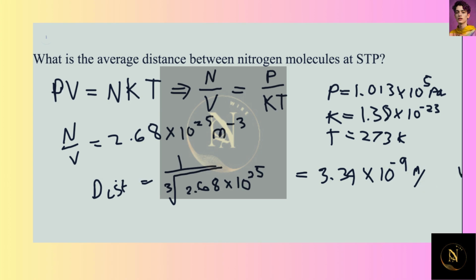Or actually, we don't need the per molecule, because we're specifying that it's distance per molecule anyway. So the average separation per molecule is 3.34 times 10 to the minus 9 meters.